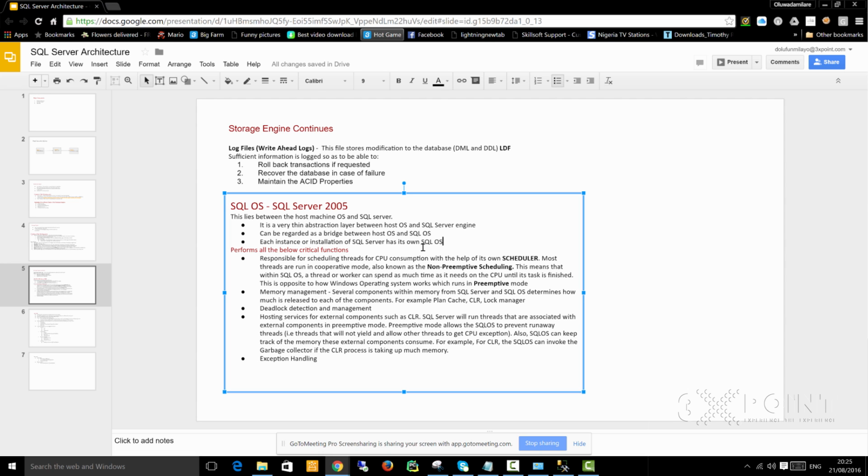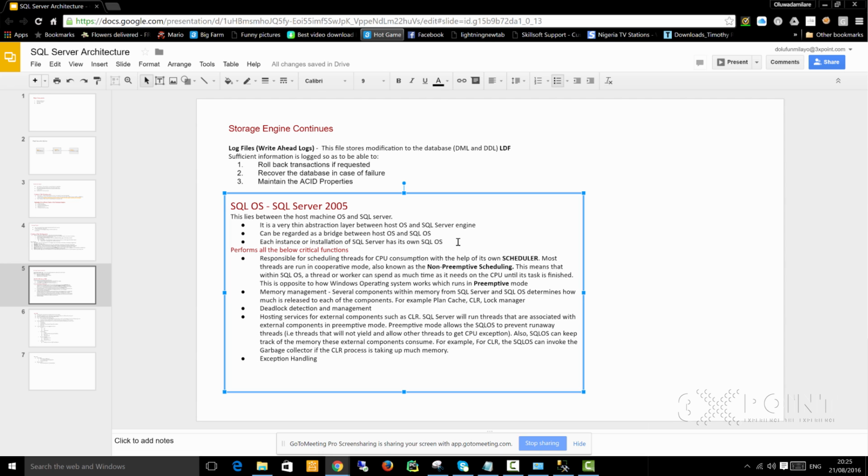And the reason that Microsoft had to introduce this SQL OS is this concept called preemptive and non-preemptive scheduling, and we'll get to that in a moment. Now, SQL OS can be regarded as a bridge between host OS and SQL Server. I've said that, and each instance installs its own SQL OS.